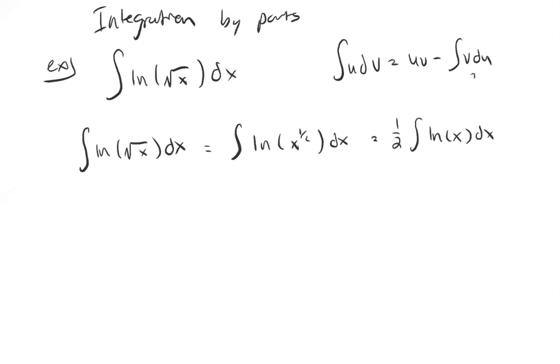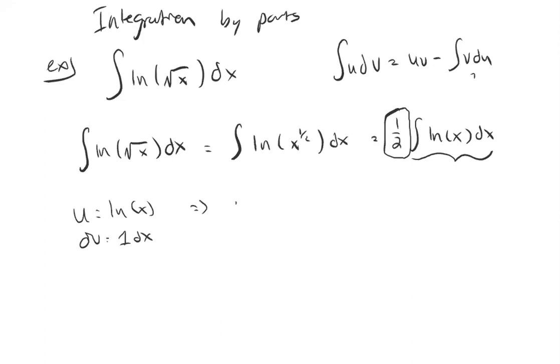And that's actually looking considerably easier. So I'm going to put this little 1/2 in its own box for half a second, and we're going to integrate this by parts, okay? So as I was saying, let's say u is ln of x and dv is 1 dx.